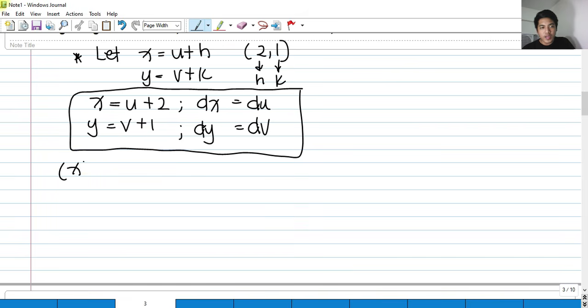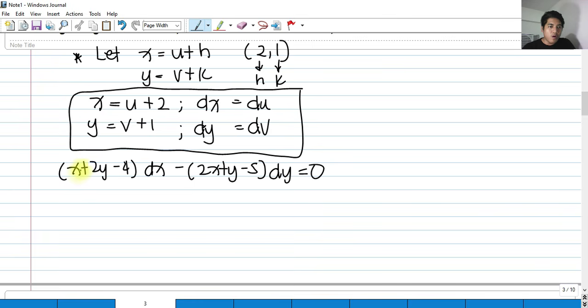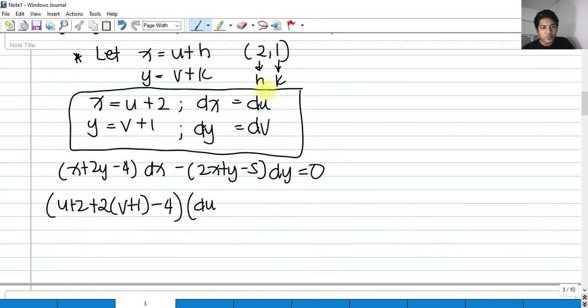So what will happen is this. We have the given equation (x plus 2y minus 4) dx minus (2x plus y minus 5) dy. We simply substitute the value of x and y and dx and dy here. So for the x, we have u plus 2, that's the x, plus 2 times y, which is v plus 1, minus 4, multiplied by dx, which is now equivalent to du.